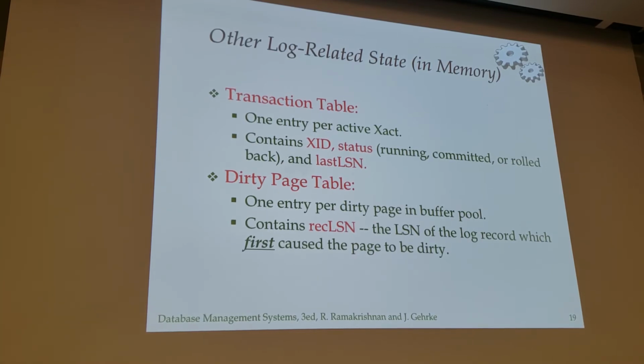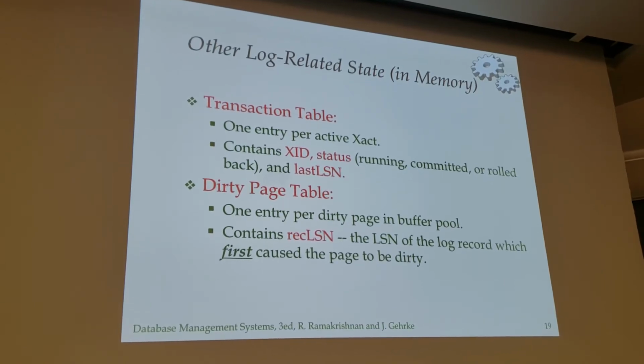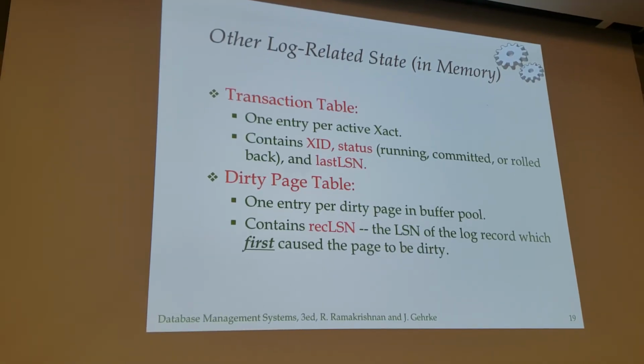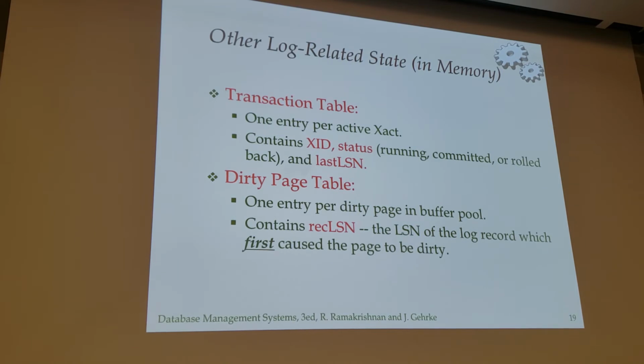Then there's what's called the dirty, filthy page table, or probably just dirty page table, it doesn't have to be filthy. Basically, it's going to have one entry for each dirty page in the buffer pool. You only have to have it for the dirty pages. What's a dirty page? A page which has changed since you read it in. Remember we played with this dirty bit and the pin count? So dirty page, dirty bit is true.